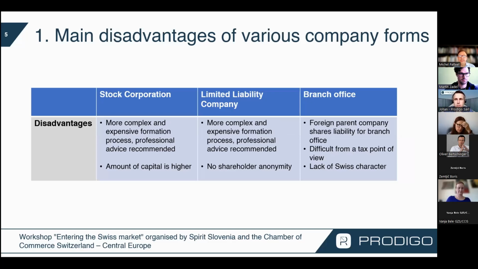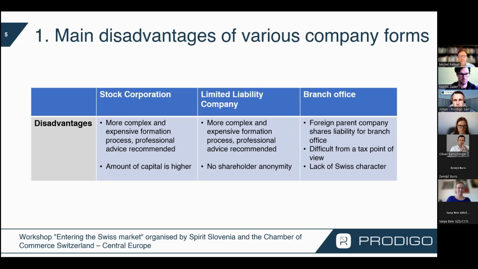Now, what are the main disadvantages of each company form? Well, for the stock corporation and LLC, the setting up costs are higher, and the process implies mandating a notary. It is also more complex because you need to establish new statutes of the company.